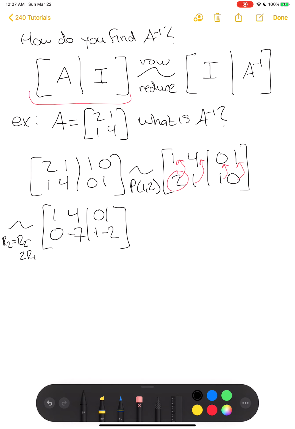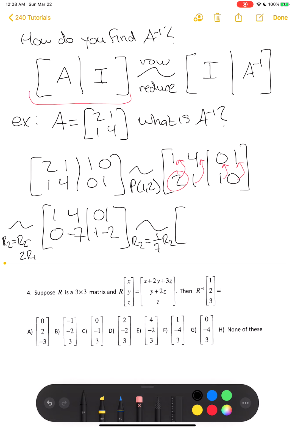So I don't really want to do fractions, but I think I'm going to have to. So I'm going to go ahead and divide my last row here, I mean the 7, my bad, times row 2. I'm actually going to go ahead and make that negative.